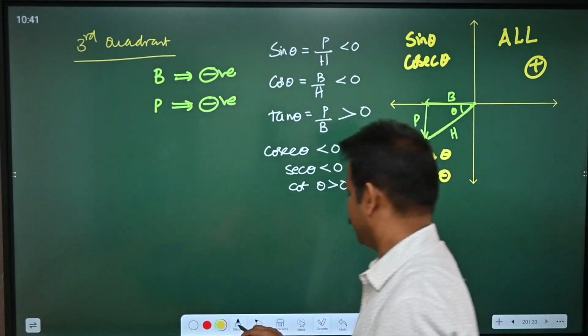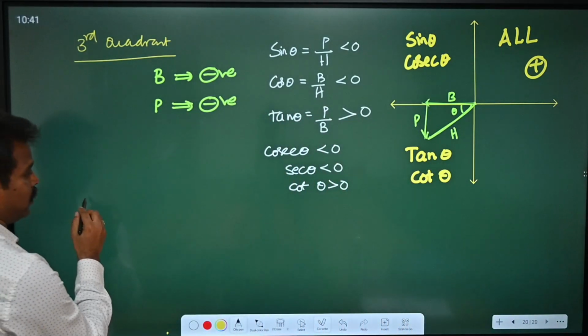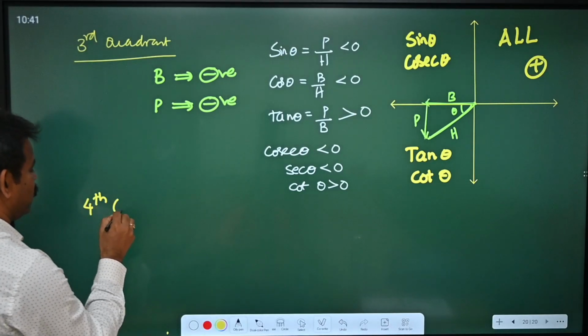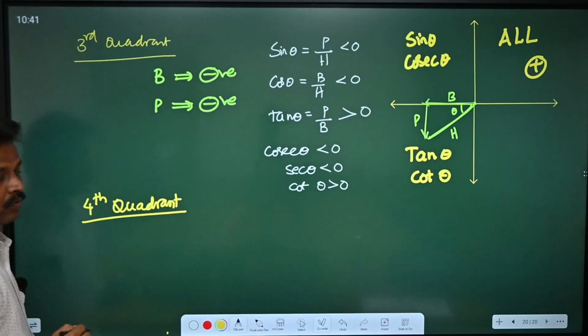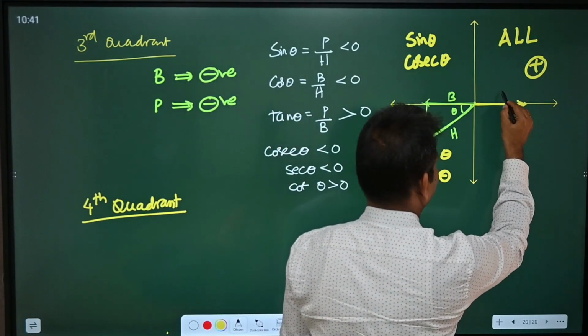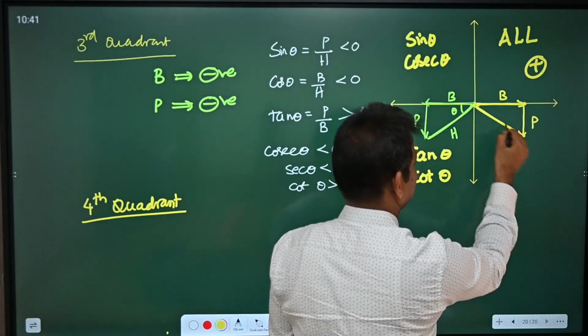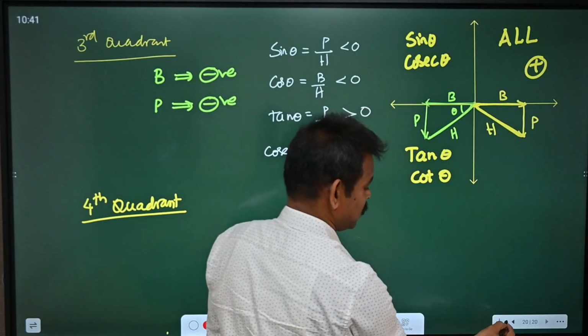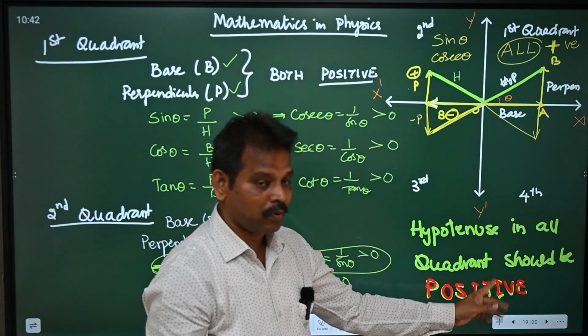Now we will see the fourth quadrant. In the fourth quadrant, I am writing fourth quadrant. So what are positive, what are negative, we will see first. For the fourth quadrant, this is the base and this is the perpendicular, this is the hypotenuse. So already we have seen hypotenuse in all quadrants should be positive.